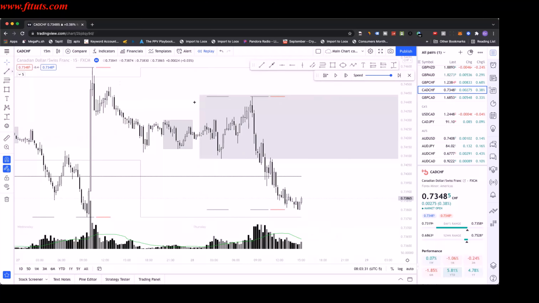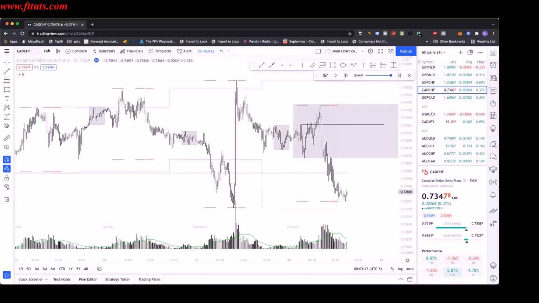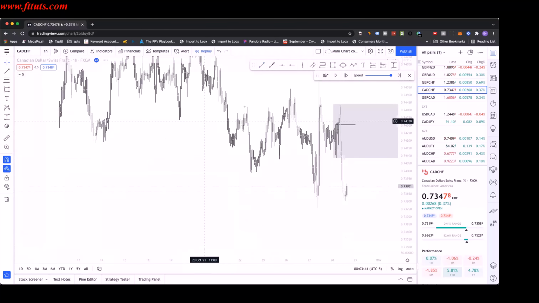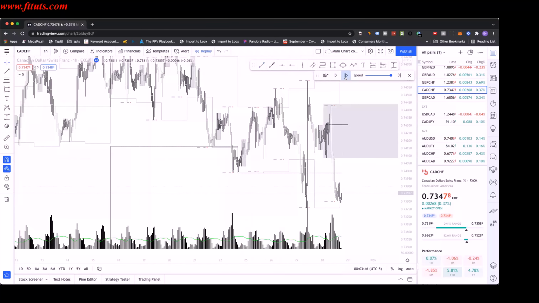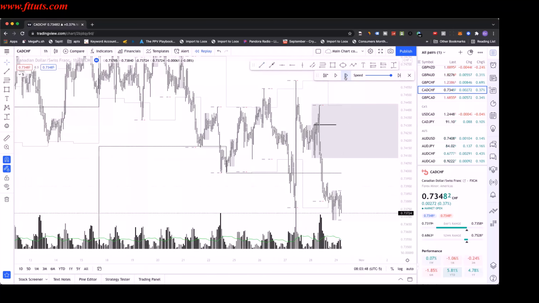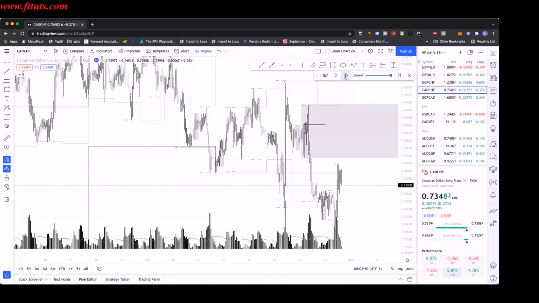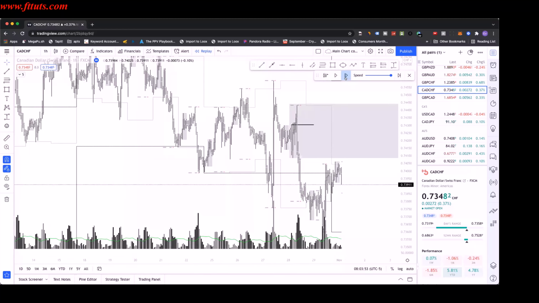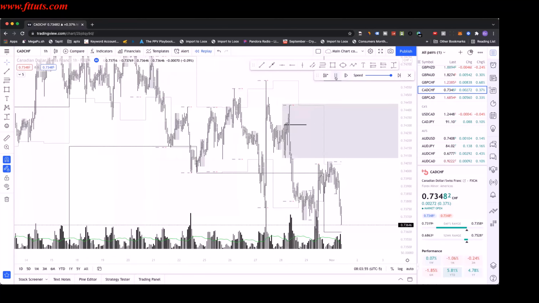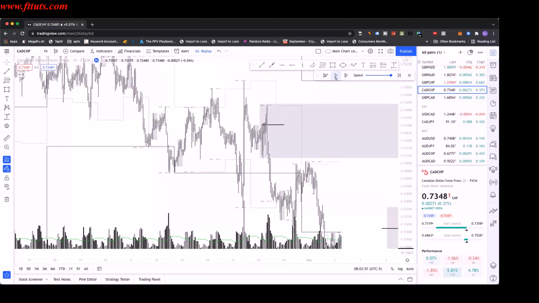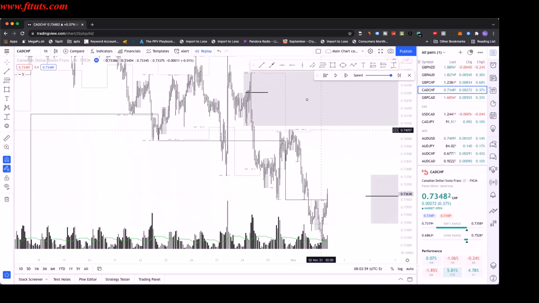So possibly something in here, with your POI confluence. Let's just go higher time frame. Yeah, price never reached it. Price never reached that area.